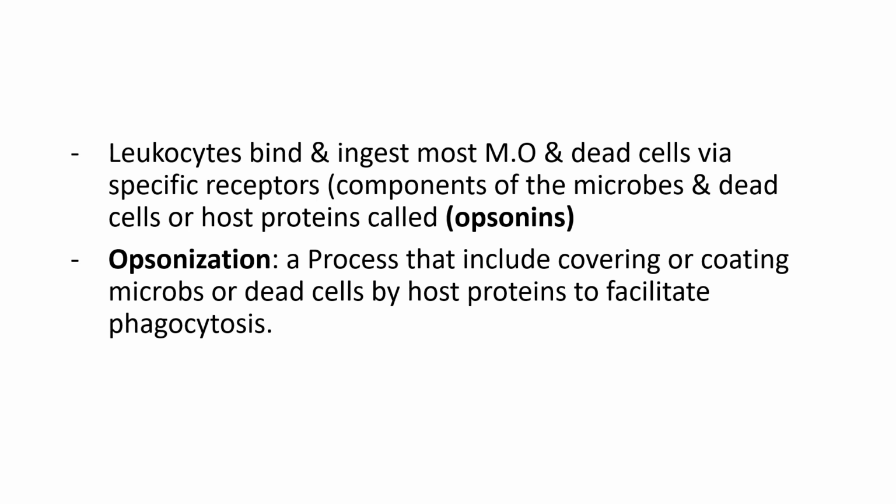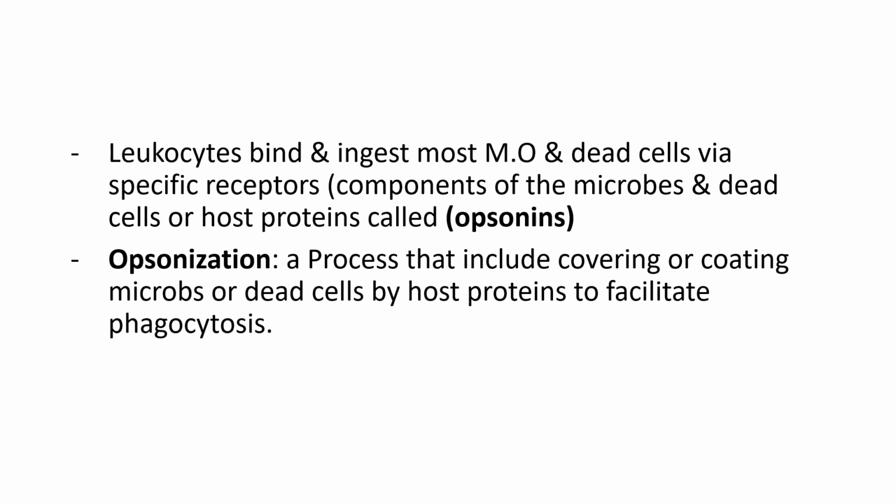We know that leukocytes bind and ingest most microorganisms and dead cells by specific receptors that can be components of the microbes and dead cells or can be host proteins which are called opsonins.